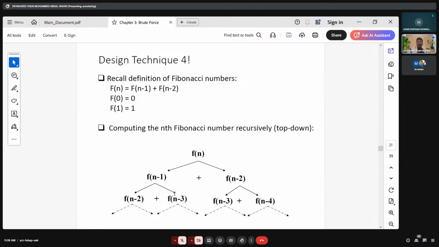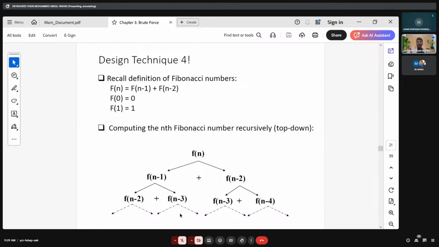We notice that I calculate the solution for Fn minus 2 here, and also repeat it here. And Fn minus 3, I repeat here as well.